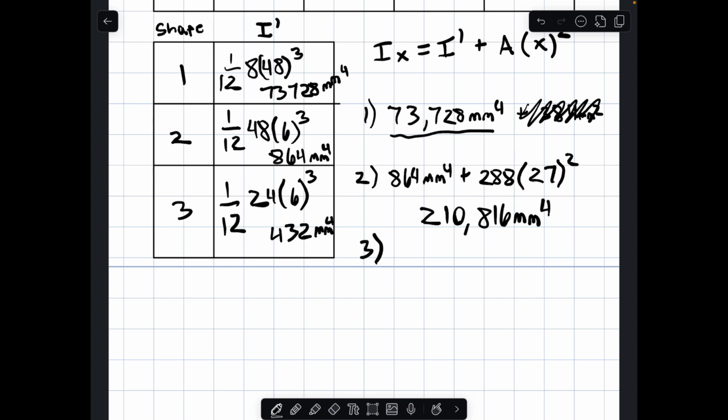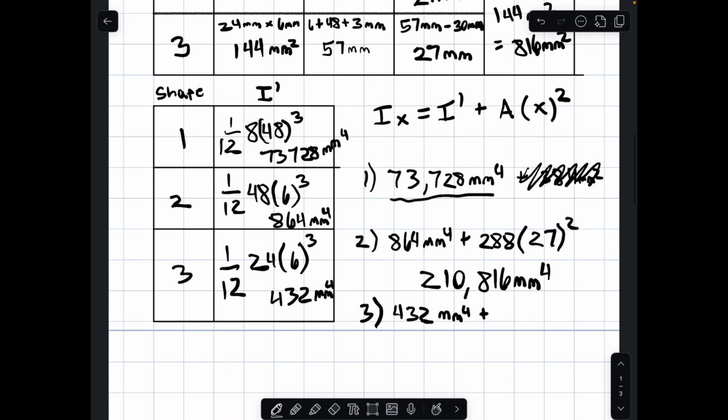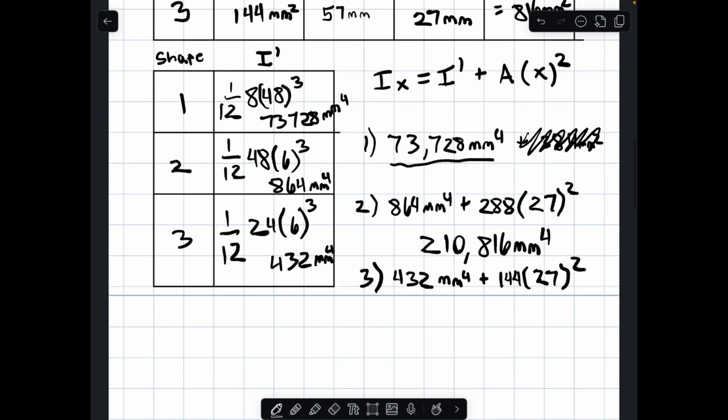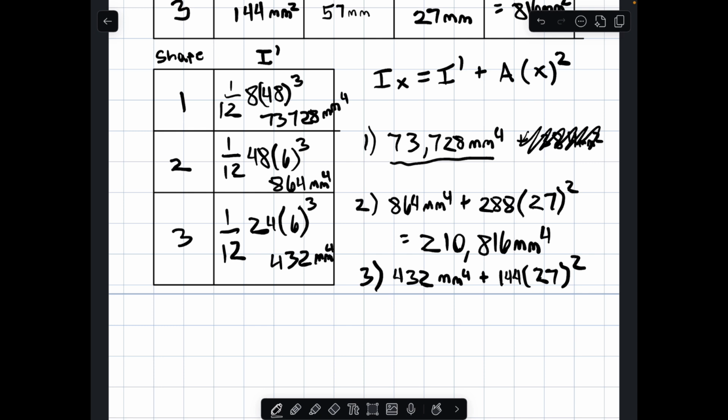And for our third shape, 432 millimeters to the 4th plus the area times 27 squared. This gives us 105,408 millimeters to the 4th.